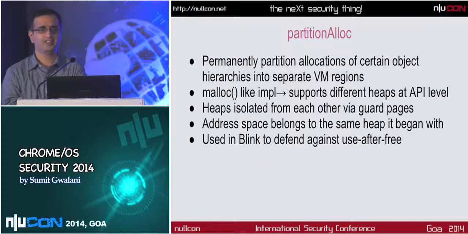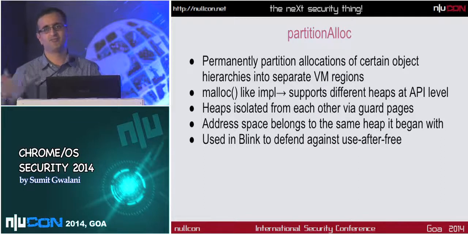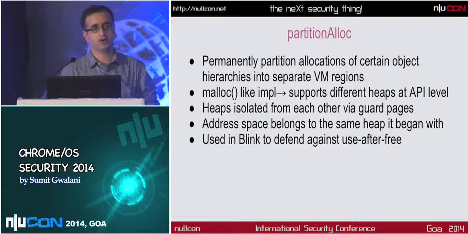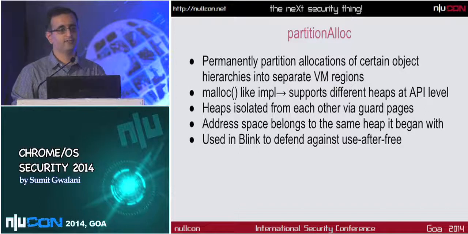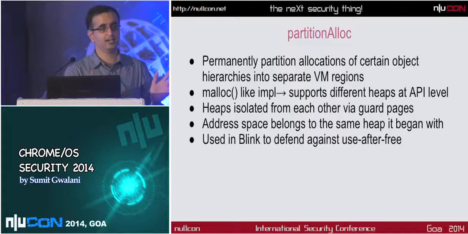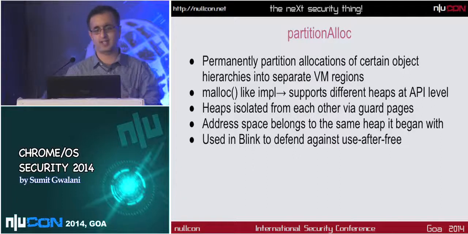So one of the things we noticed when running exploit contests, or looking at the bugs that we received externally, was that a lot of them were use after free bugs that actually resulted in a full exploit. So how do you come and protect against that?